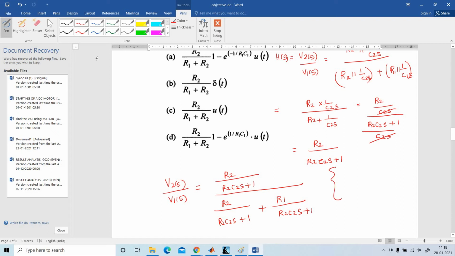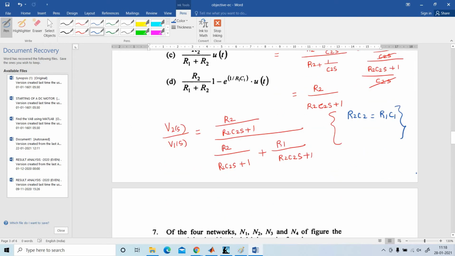So it is the condition here. The condition is R2 C2 equal to R1 C1. In this problem, you have to substitute R1 C1 instead of R2 C2. Here also R1 C1.